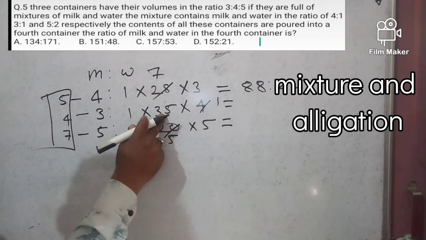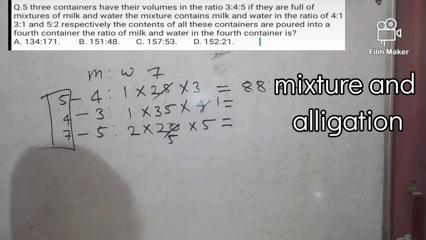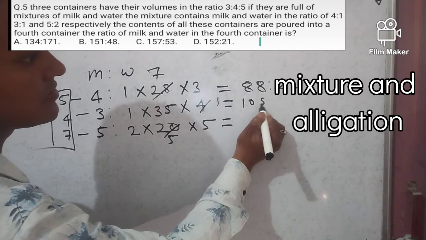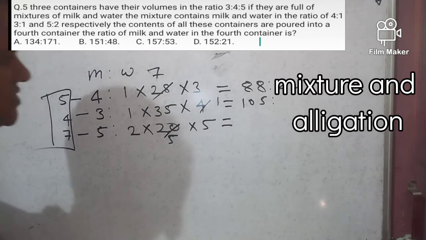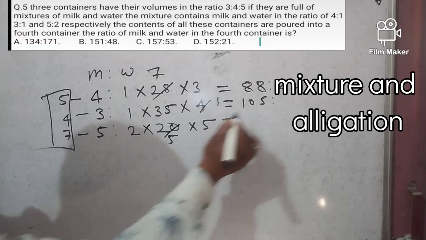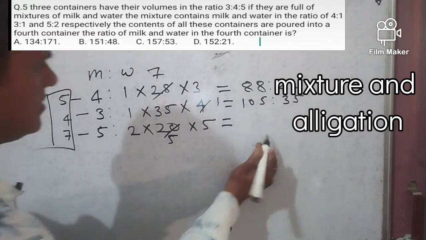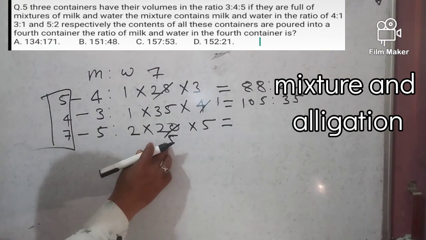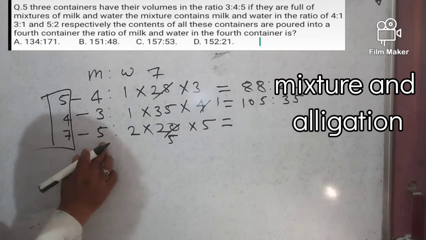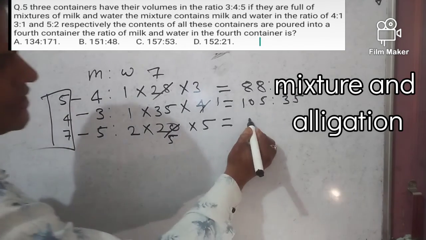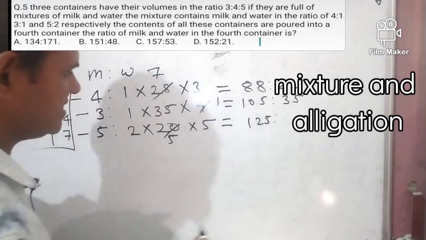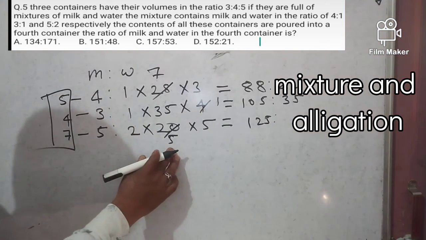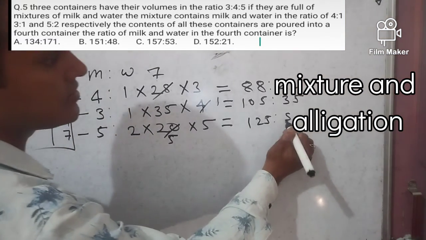So 35 times 3 is 105, 35 times 1 is 35, and 5 times 5 is 25, 25 times 2 is 50.